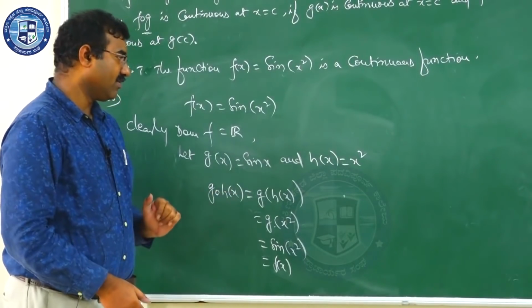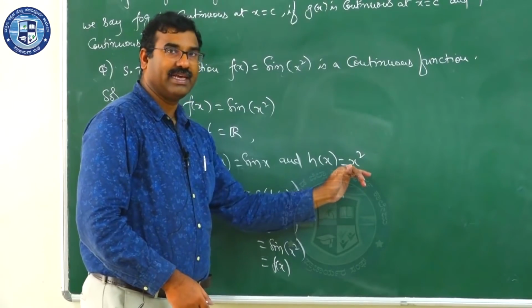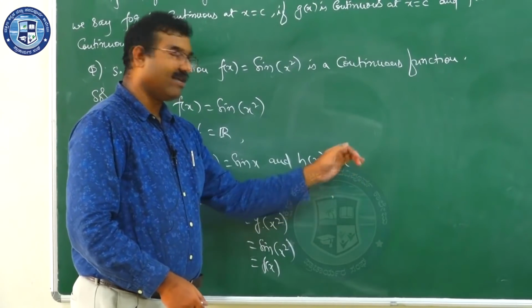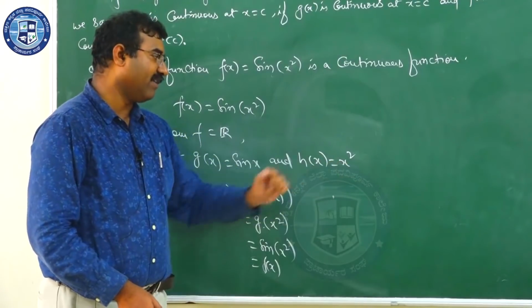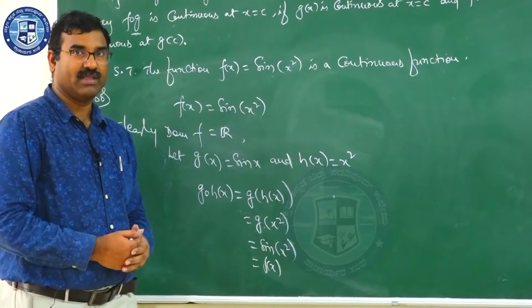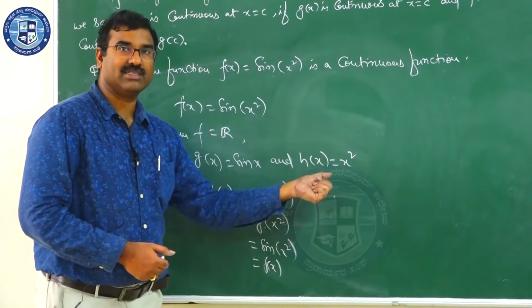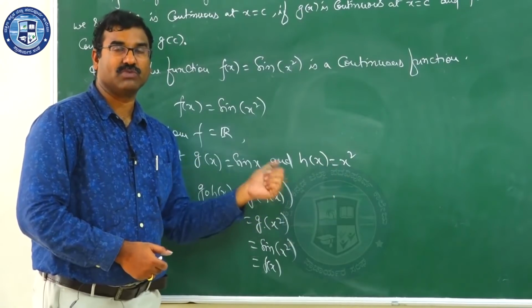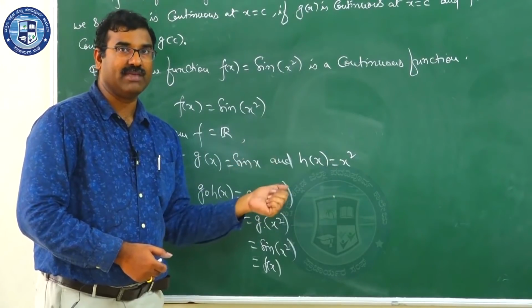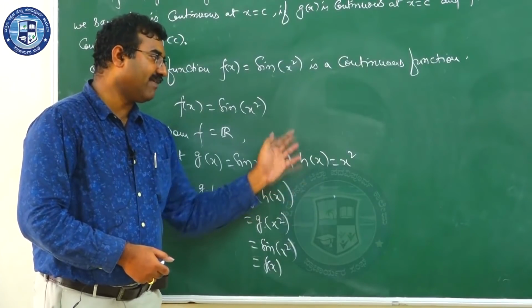Now you observe h of x is a polynomial of second degree. It's a polynomial function. h of x is equal to x square. So this is definitely continuous throughout the real number system, because we proved every polynomial is continuous. That means it's continuous at each and every real number.